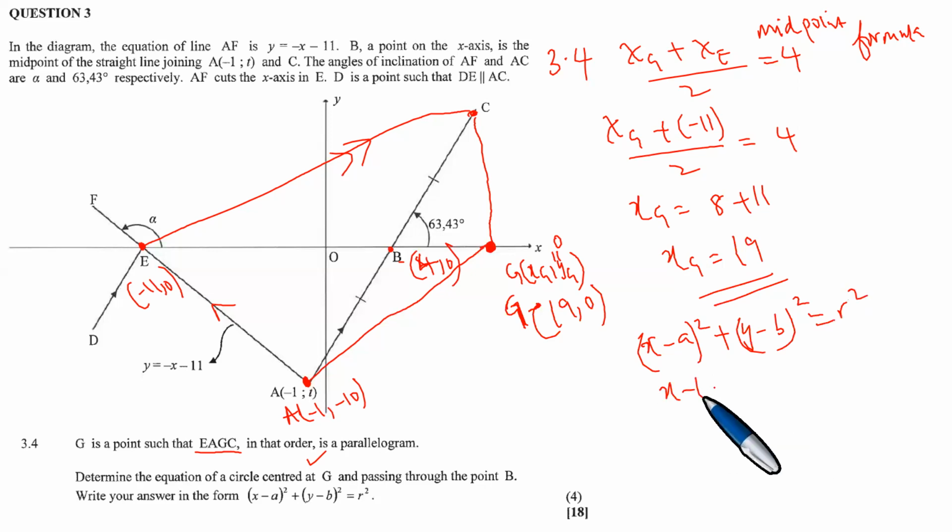So which is x minus 19, y minus 0, squared, equals the radius squared. Okay, if the circle is centered at this point, and it has some radius. But they said the circle is centered at G, so G is the center of the circle, and it passes through the point B. Right, so the circle is centered here, and it passes through that point.